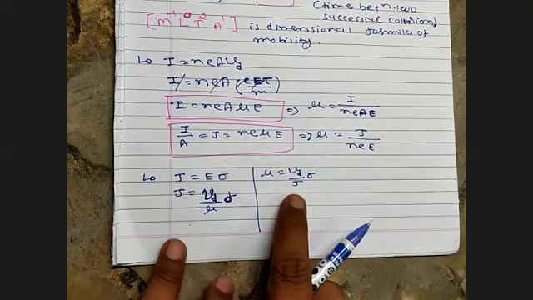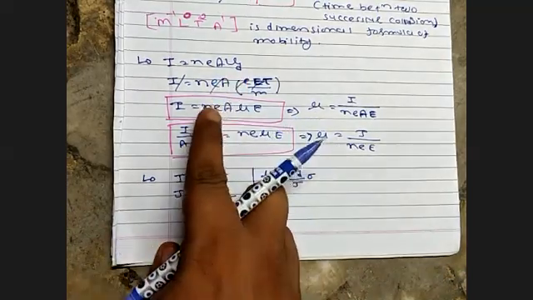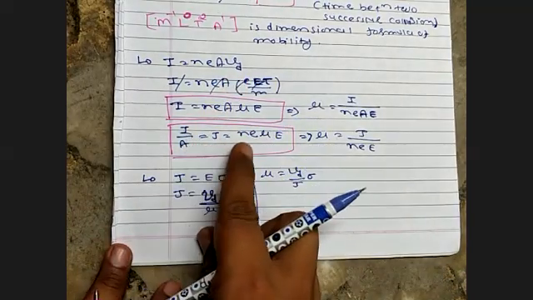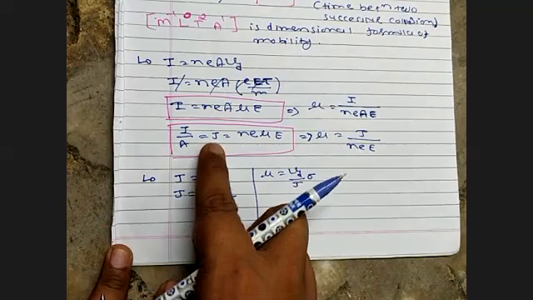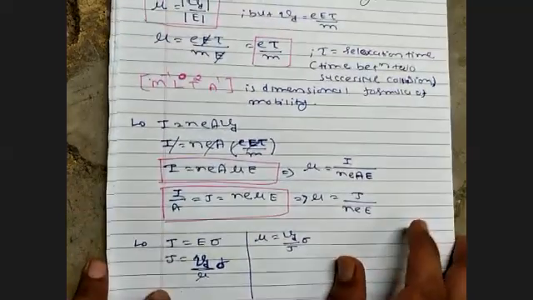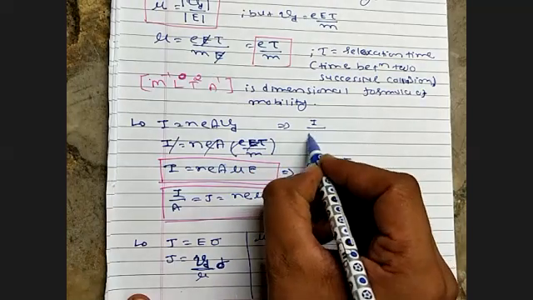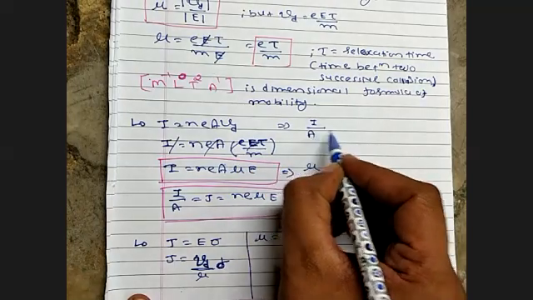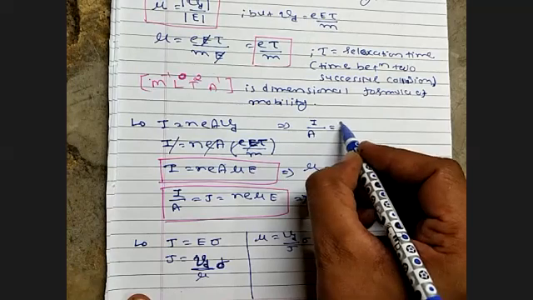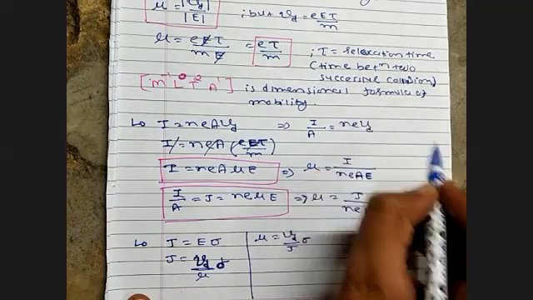So these are the variety of equations there. Where is VD? You can see from this equation, I divided by A is J, which is N E A V D over A. Clear?